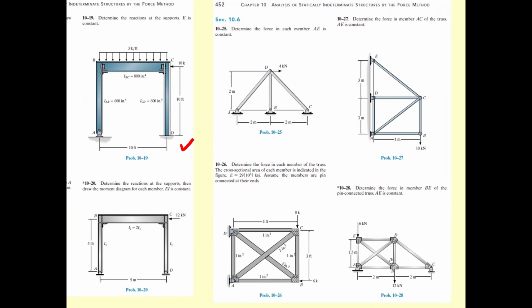However, if you take a look at this one, we have a hinge and roller. You can use the whole body with the equations of equilibrium to determine the reactions. But after you determine the forces in CD, you cannot determine the forces in these six members. This is internally statically indeterminate.